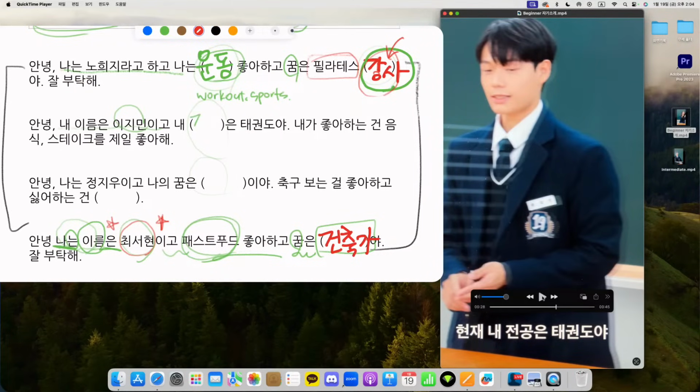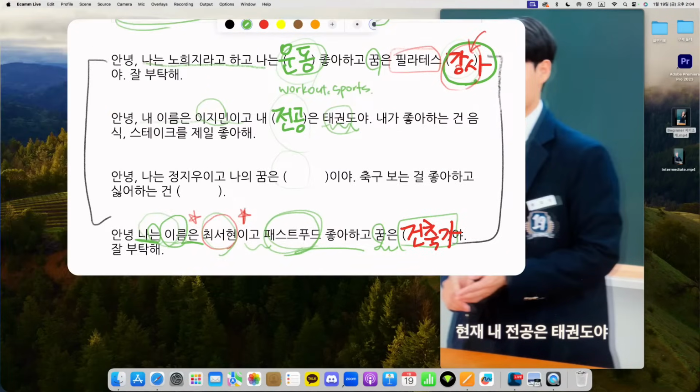Do you guys remember what 전공 meant? 전공은 major라는 뜻입니다. So, 내 전공, my major is taekwondo. So, 운동. It's part of 운동, right? 내 전공은 태권도야.